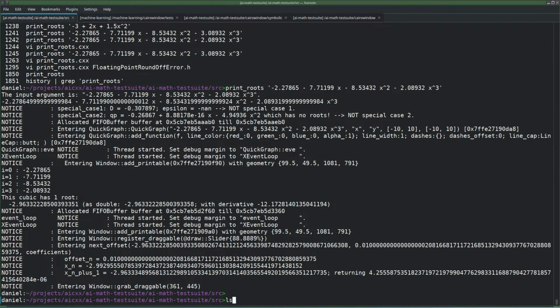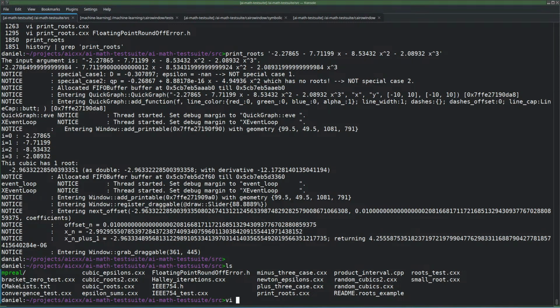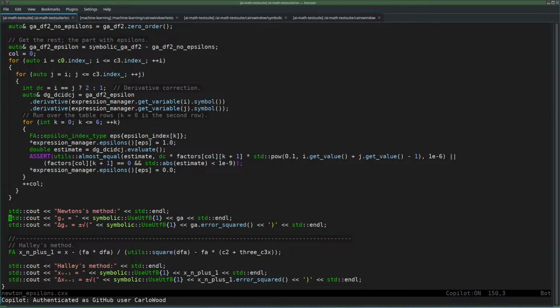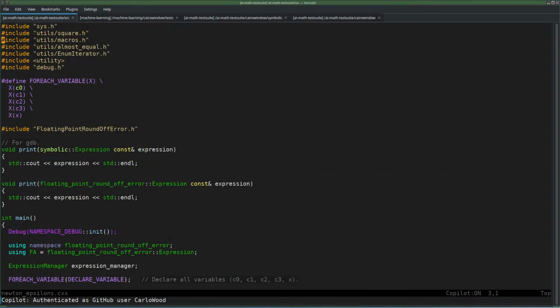Yeah, well, let's just begin with adding it, I guess. So that comes from this one. We're going to put it in here. And the header that I'm going to need is square.